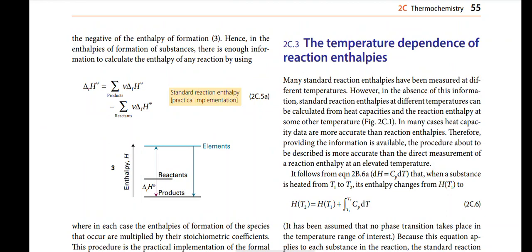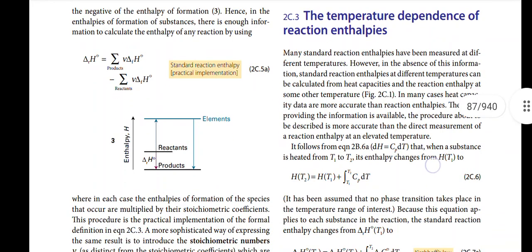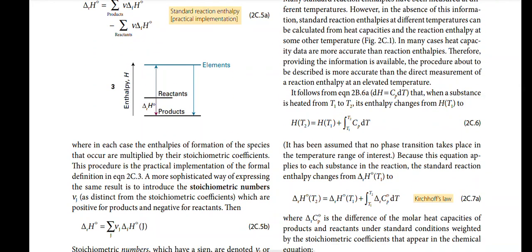Hence, in the enthalpies of formation of substances, there is enough information to calculate the enthalpy of any reaction by using delta HR naught is equal to the sum of enthalpy of formation of products multiplied by their coefficients, minus the sum of enthalpy of formation of reactants multiplied by their coefficients, where in each case the enthalpies of formation of the species that occur are multiplied by their stoichiometric coefficients.